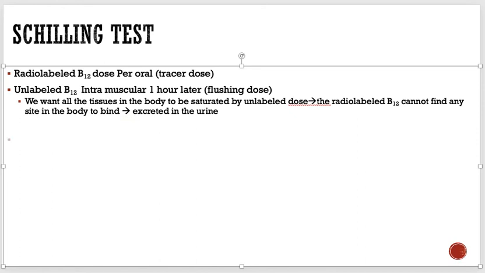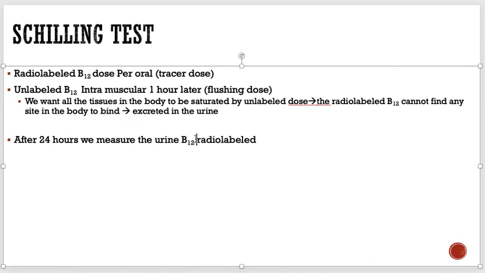Then what we do, after 24 hours, is measure the urine B12, of course the radio labeled one.